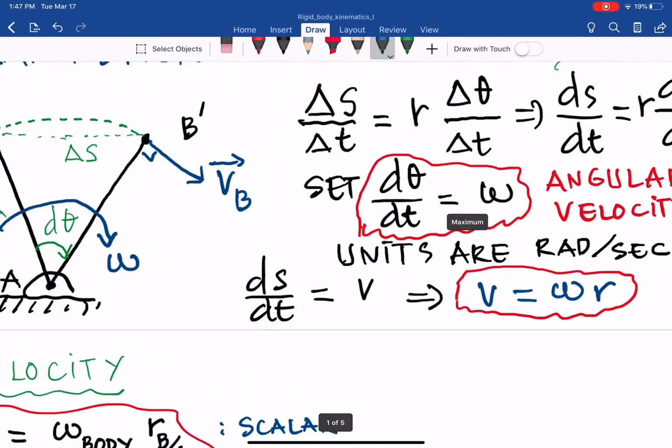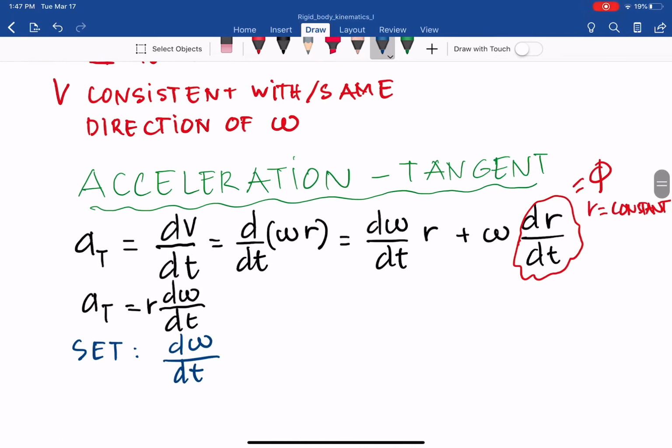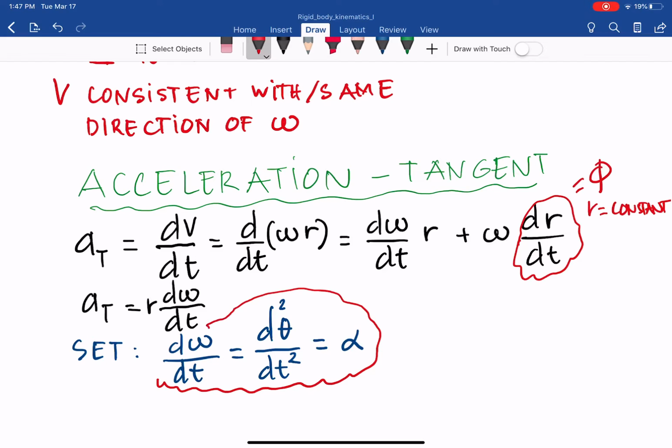Omega equals d theta over dt, so d omega over dt is also the second derivative of the rotational angle. Let me set that equal to alpha, and let me box this equation here, very important. Alpha is basically the first derivative of the angular velocity, and the second derivative with regard to time of the rotational angle. This one we call angular acceleration.